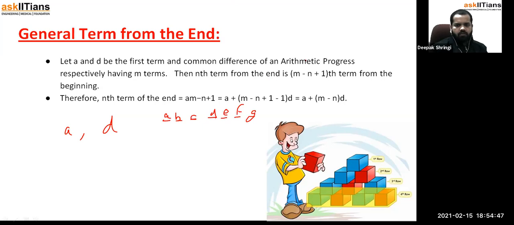If I tell you, what is the third term from the beginning?